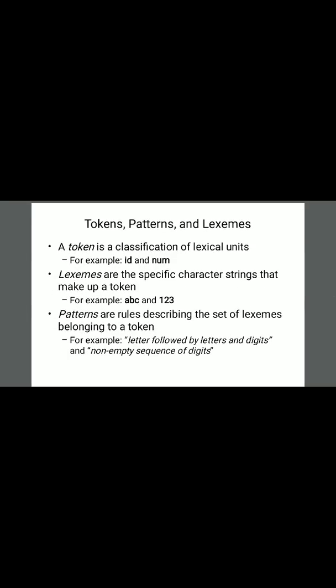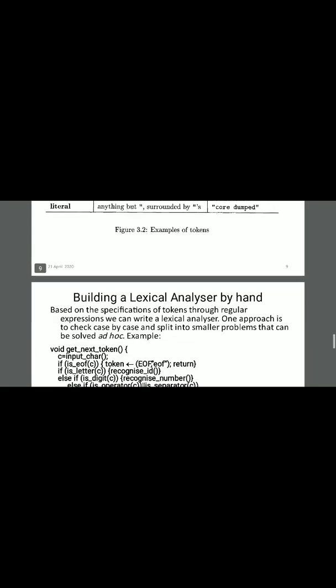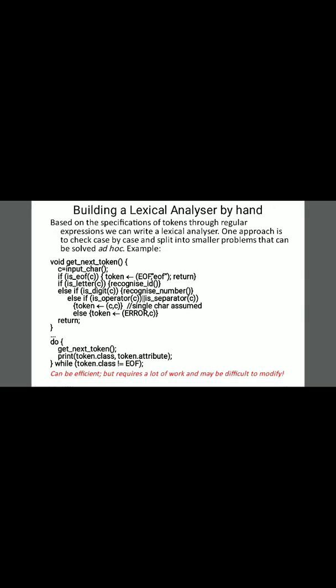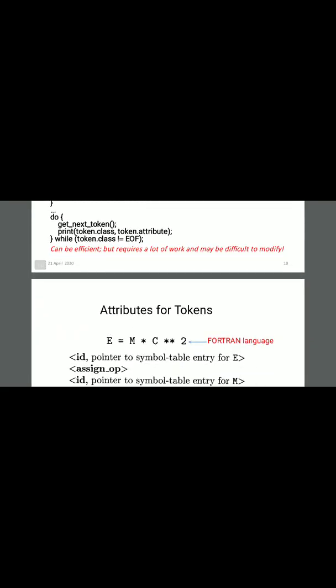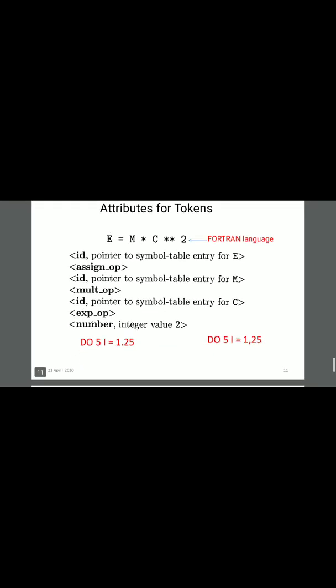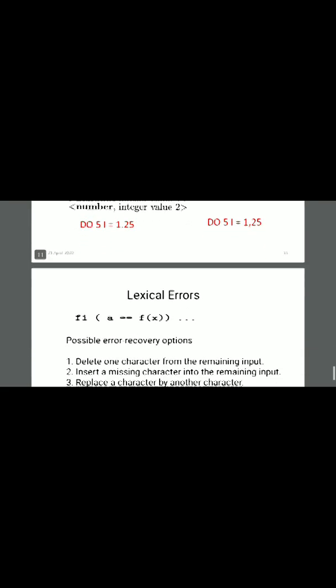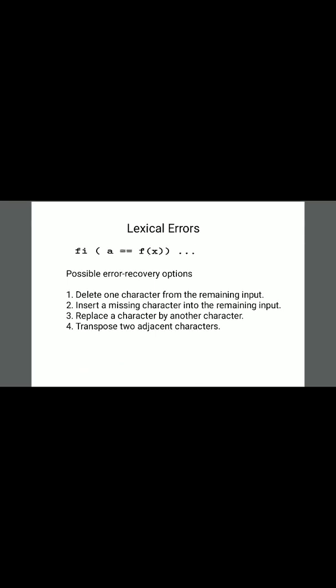Then I gave simple definitions for token, pattern and lexeme. We saw some tokens, and a small piece of code showing how you can design a get next token function. Then the attributes are essential for all the tokens, to store them in the symbol table and for the parsers. And we saw how you can manage errors in the lexical analyzer and how to proceed further.